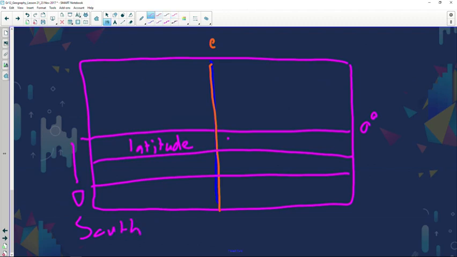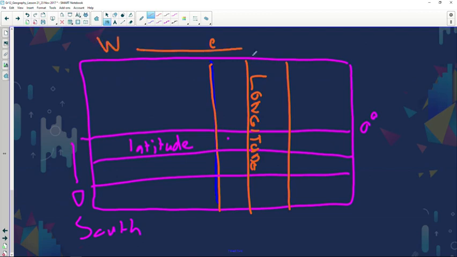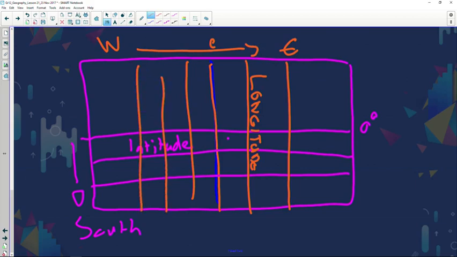And the lines of longitude are vertical lines, moving west or east. And the lines of latitude are horizontal.